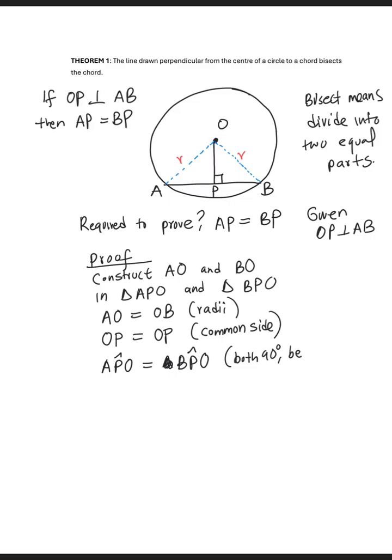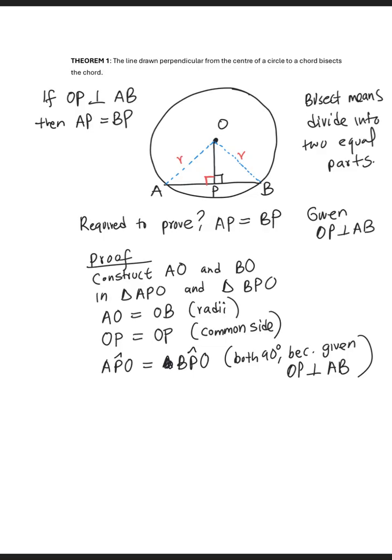This is because it's given that OP is perpendicular to AB, so we know that the angle here is going to be 90 also, right?